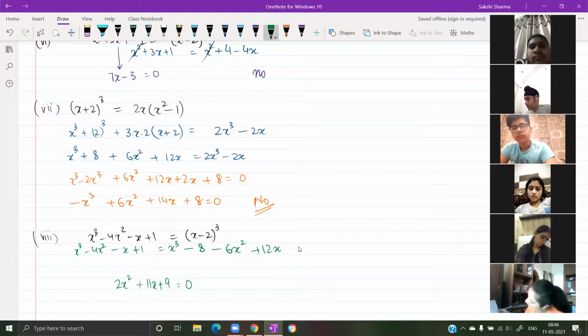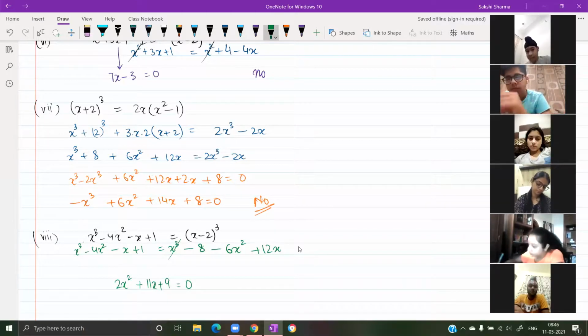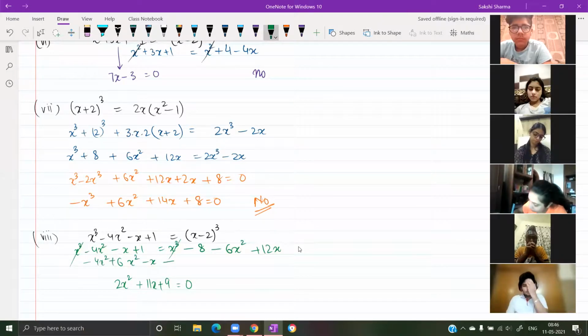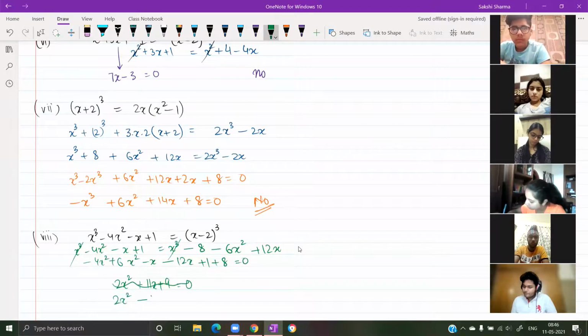Okay, this I think, x cube minus 8 minus 6x square, right? So your answer actually is 2x square minus 13x plus 9 equals 0. So yes, this is a quadratic equation.